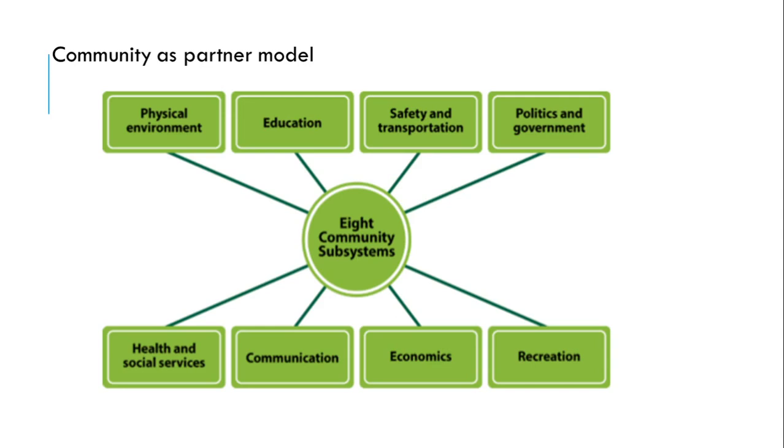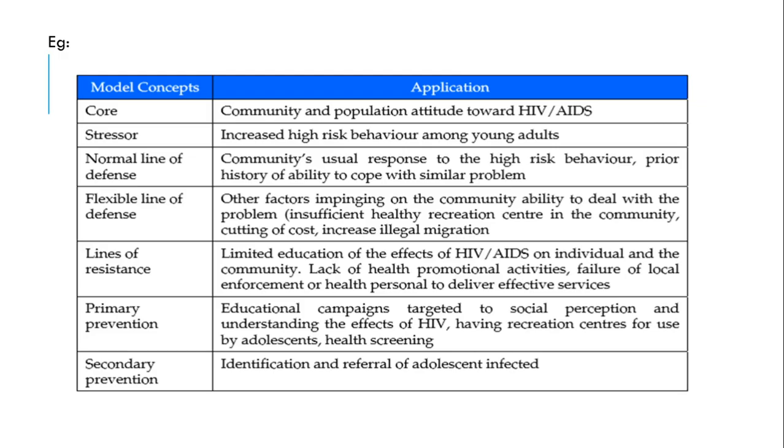So these subsystems include physical environment, education, safety and transportation, politics and government, health and social services, communication, economics and recreation. If these subsystems are strong, the person will be in a healthier state. So this example shows application of the community as partner model to the problem of HIV in adolescents. You can go through that.